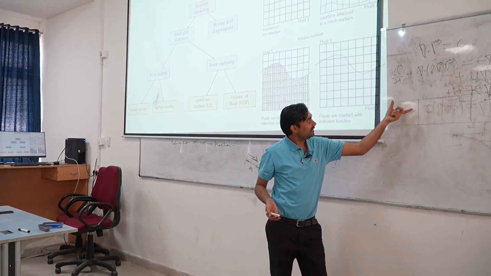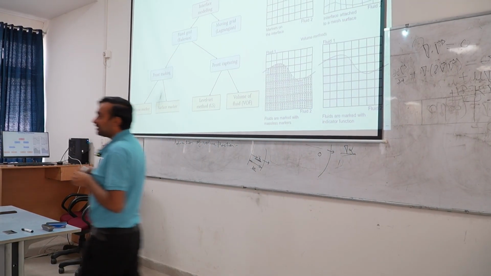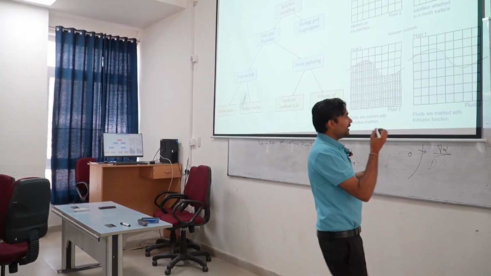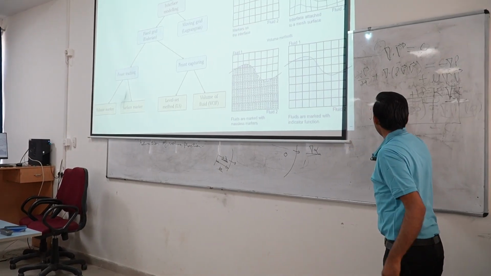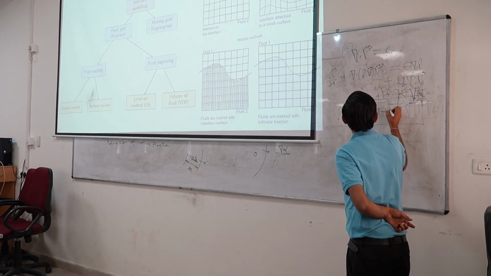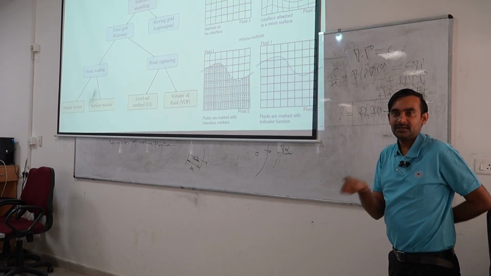In addition to this, we also need to define the properties for the cells which are containing a mixture. For that, typically we simply define the mixture property as alpha into rho 1 plus 1 minus alpha into rho 2, simply based on volumetric averaging.